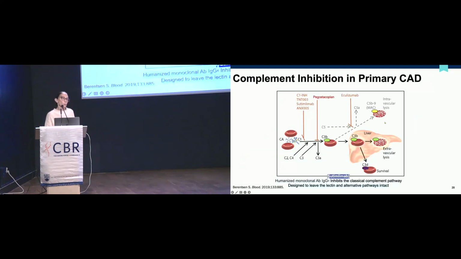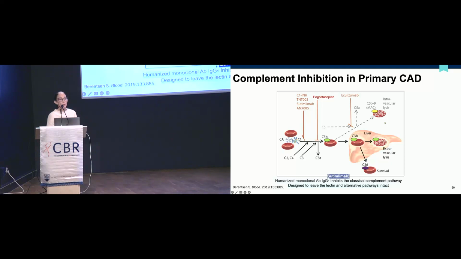So is there a way that we can block complement to reduce the morbidity of this disease? And the answer is yes. Eculizumab's been available for over 15 years now, and has been looked at in cold agglutinin disease.